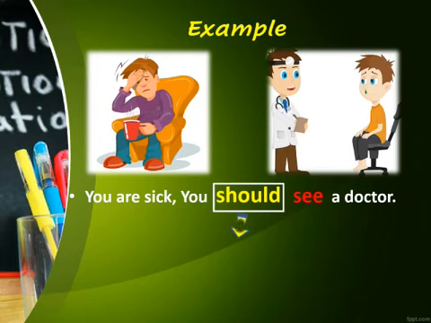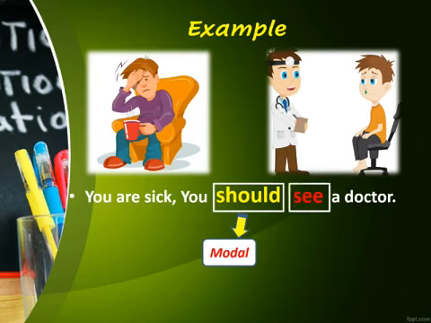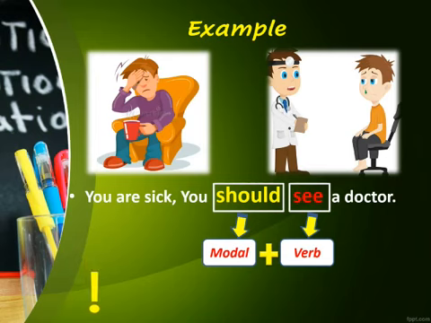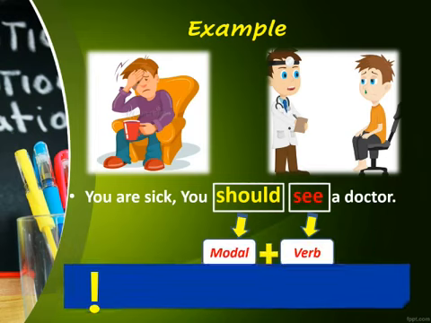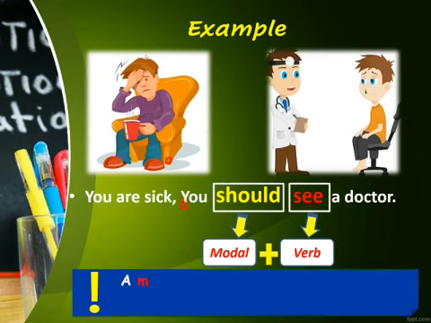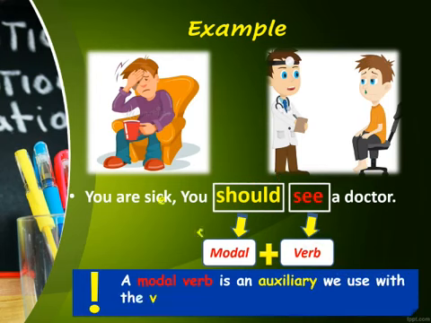It is used with the verb see to express a meaning, which is advice. So, as a definition, a modal verb is simply an auxiliary verb that we use with the verb to express a special meaning.